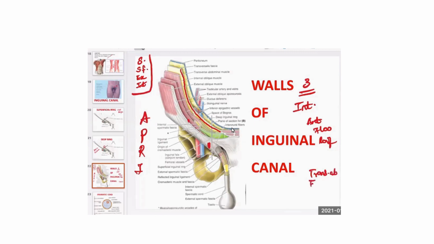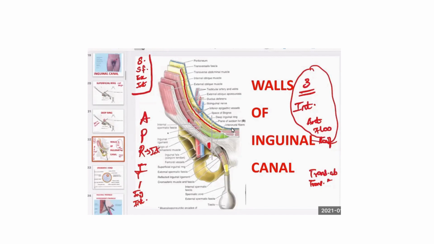Fascia covering deep to it is transversalis fascia. Floor is formed by inguinal ligament and internal oblique. Roof is formed by internal oblique. So at three areas you can see which muscle? Internal oblique. Inguinal ligament is on the floor.